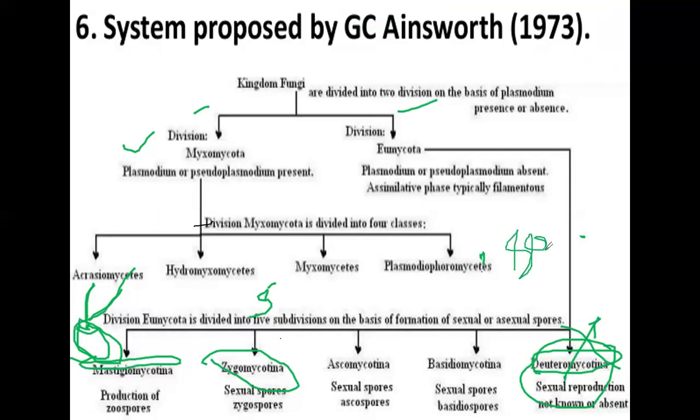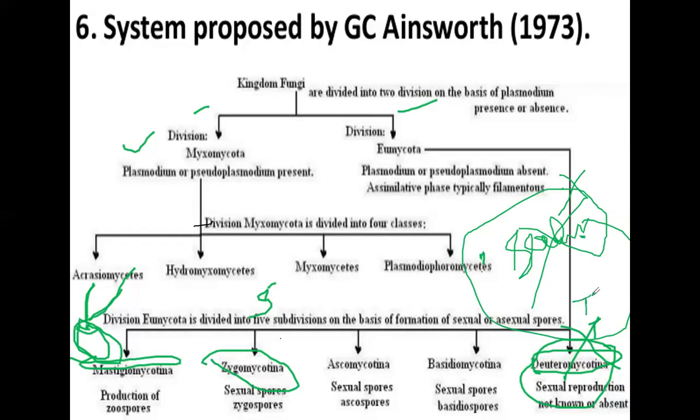If the sexual reproduction stage is there, that is the perfect stage. If sexual reproduction is absent, we call it imperfect. Imperfect, not perfect, means the perfect stage is absent, or sexual reproduction is not known yet. All such fungi are included in the Deuteromycotina. Perfect stage is absent, that's why we call Deuteromycetes fungi imperfect fungi.